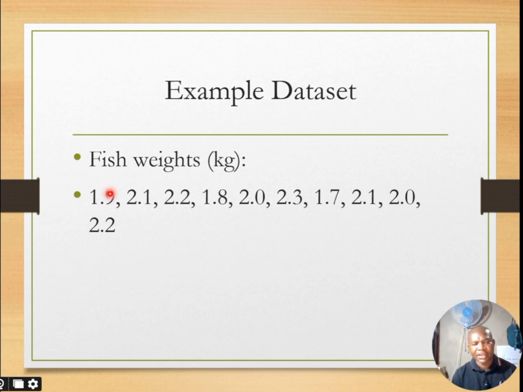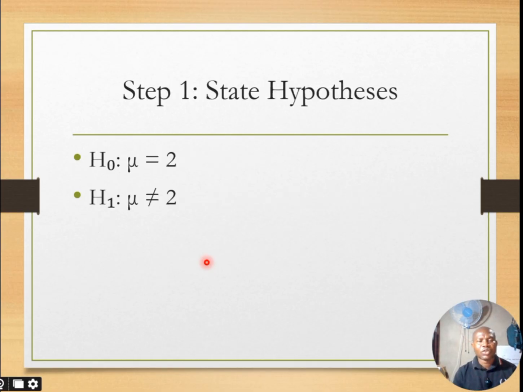Good. So let's have an example for one sample t-test. Let's say we have this data for fish weight, and this is the data set we are working with. You will observe that we are dealing with just one sample, so it means a one sample t-test is appropriate for this. Good. So the next thing is that we want to state our null hypothesis. Let's say our hypothesized mean is given to us as 2. That's the hypothesized mean for fish weight is 2.